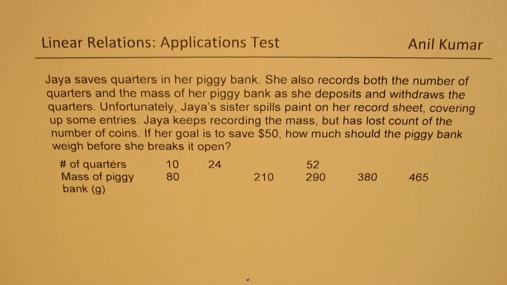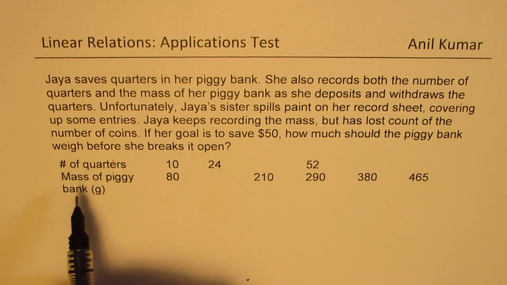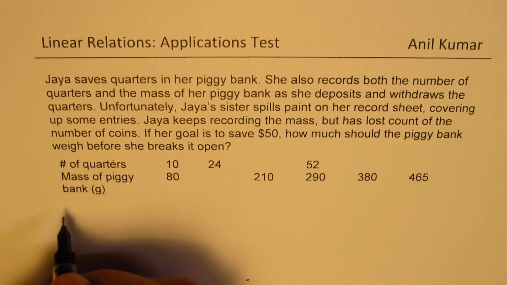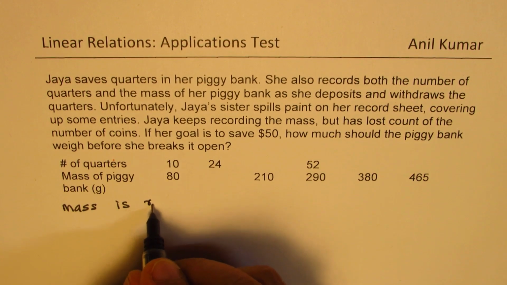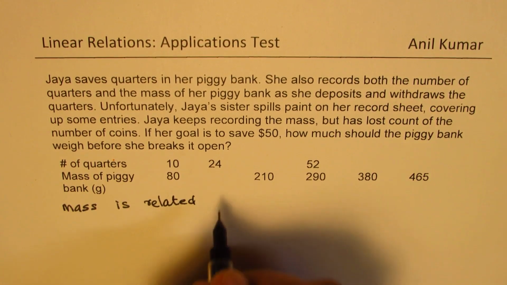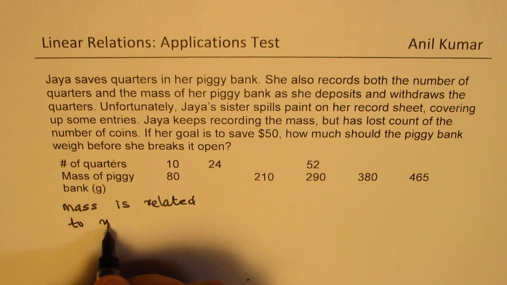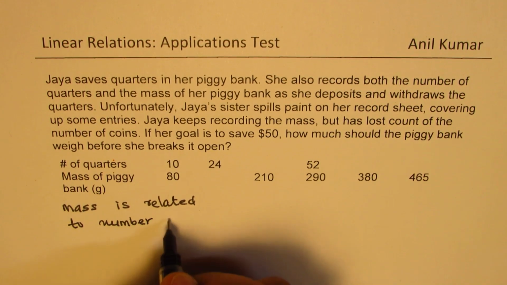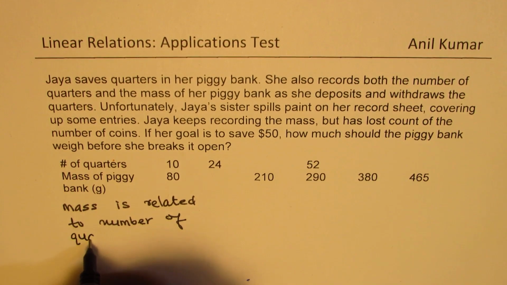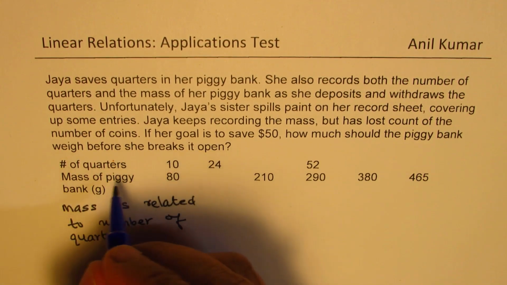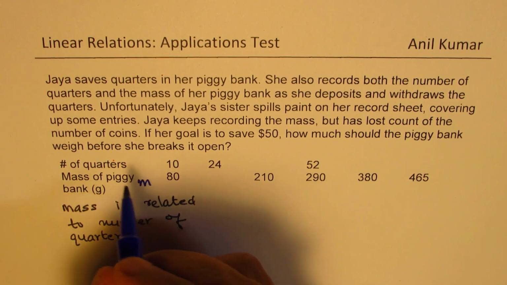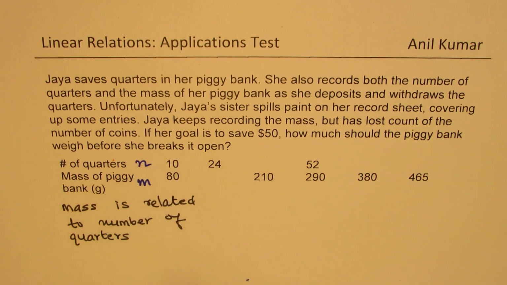Here is my approach. What we see here is that the mass is related to the number of quarters, correct? So we can say let mass be m and number of quarters be n. Now this is one part.